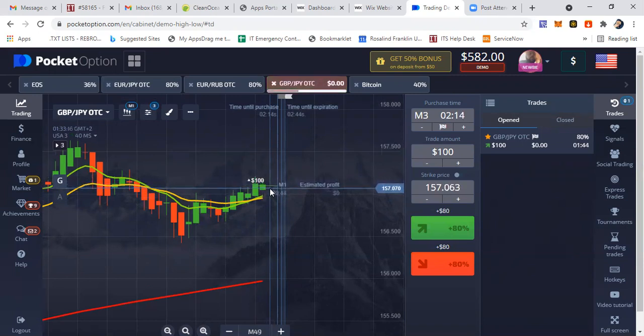If we lose it, then we lose it, right? But if we win it, then we know that the strategy works. If we lose it, doesn't mean that the strategy doesn't work, just means that it didn't work that time, right?